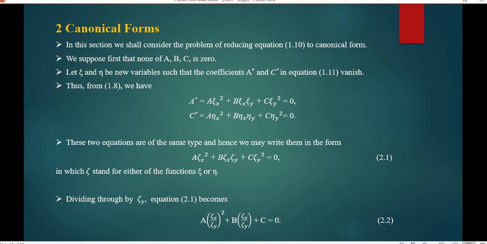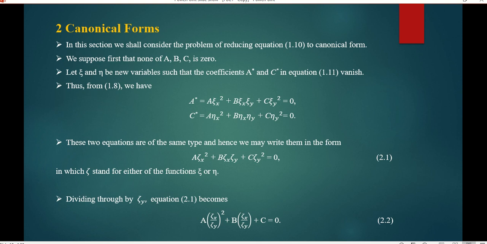We consider the problem of reducing equation 1.10 to a canonical form. First we assume that a, b, c are not 0. Let psi and eta be the new variables such that the coefficients a star and c star in equation 1.11 vanish.